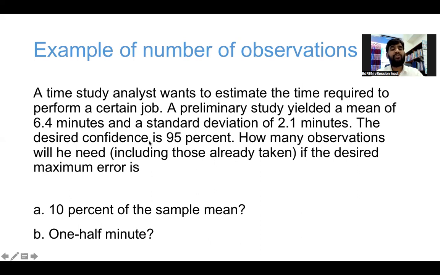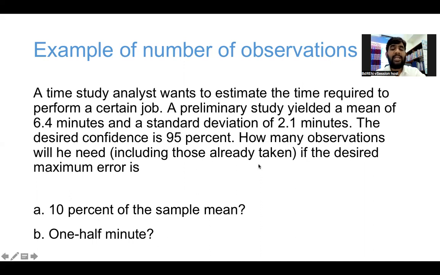The desired confidence is 95%: you are confident that your average and standard deviation will be right. How many observations will be needed if the desired maximum error is 10% of the sample mean?